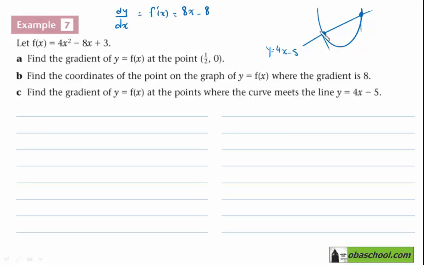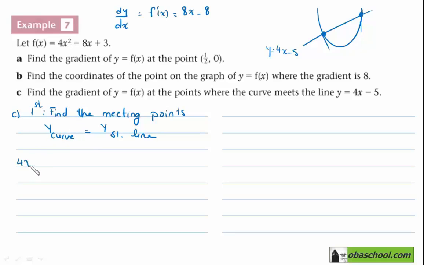Then the first step is to find the intersection points between the straight line and the parabola. In order to find these points, we write y for the parabola equal to y of the line, or y of the curve equal y of the straight line.